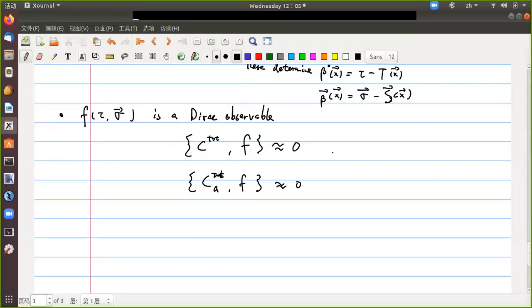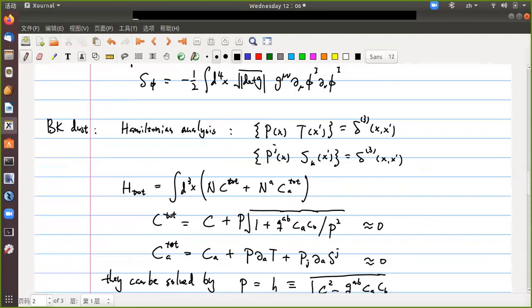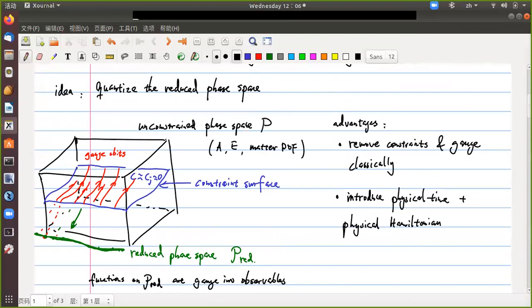So here it means that F is gauge invariant on the constraint surface, and it is a function. Because it is gauge invariant, it means it is constant along gauge orbit.